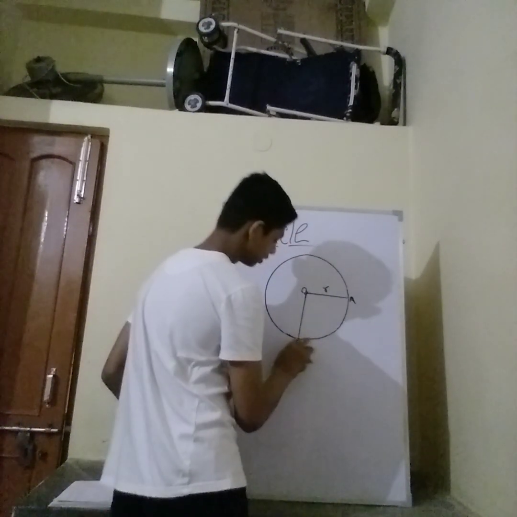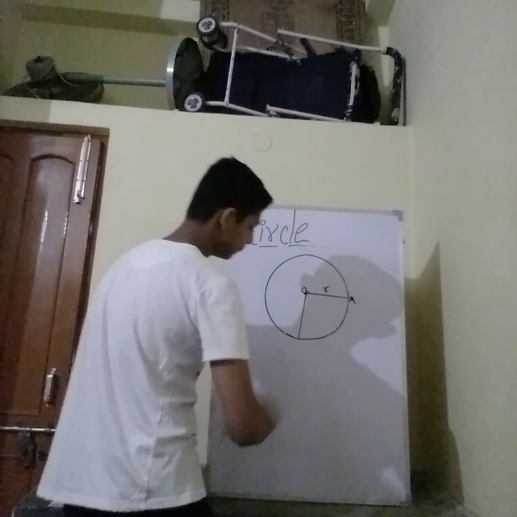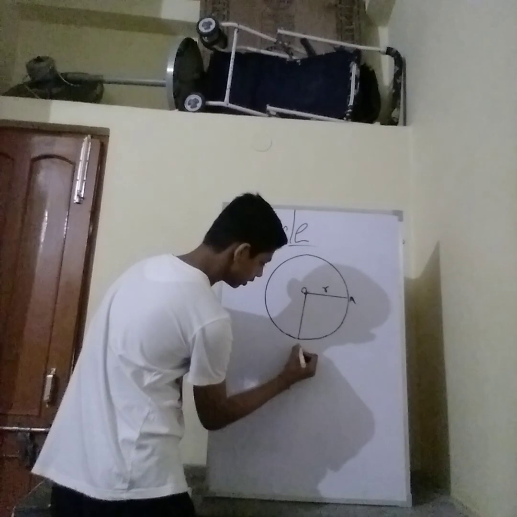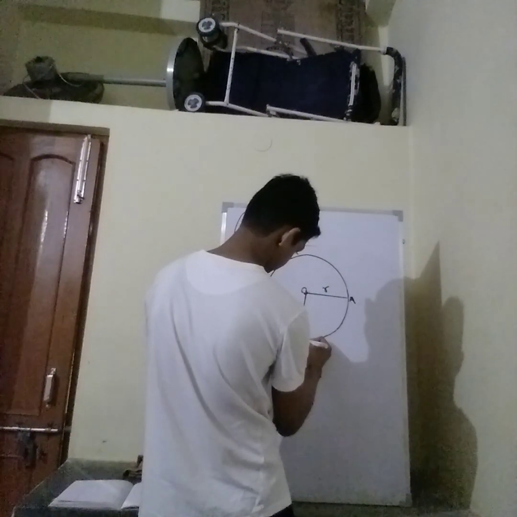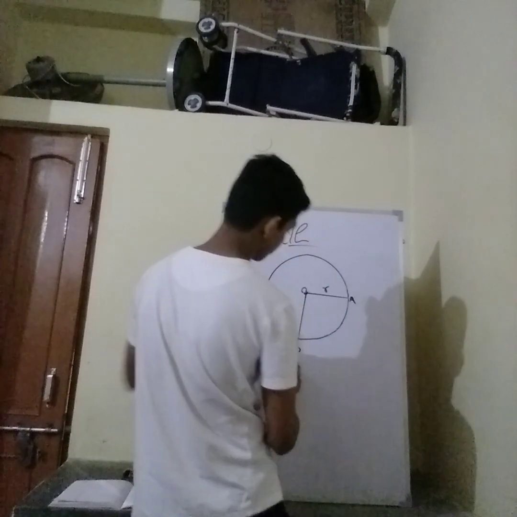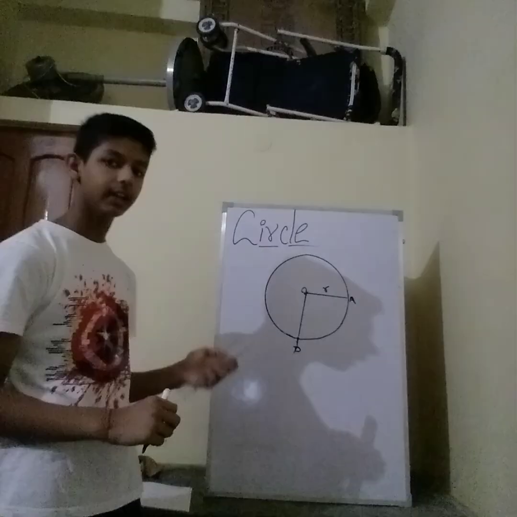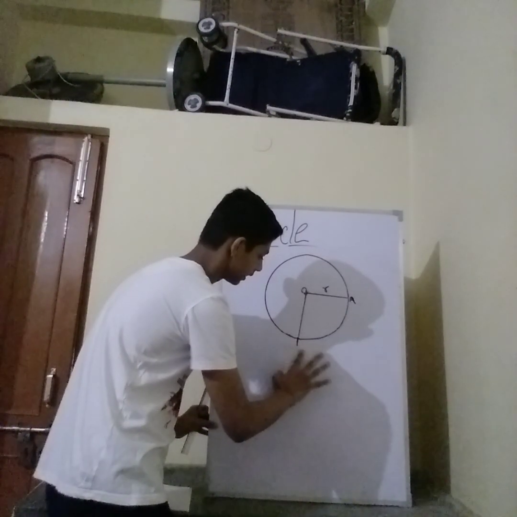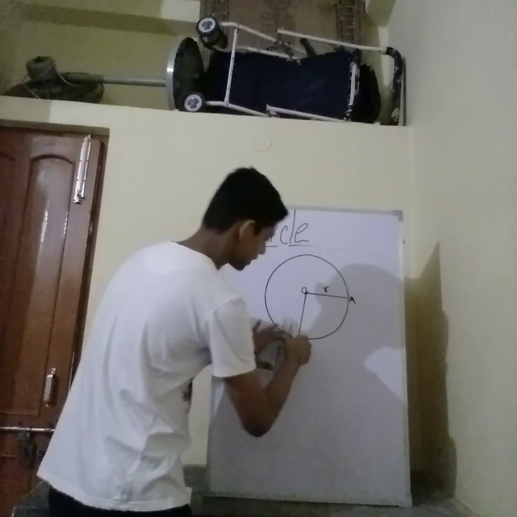Now the case when P is outside the circle. Point P is outside the circle. I will draw the figure clearly so that you can understand.